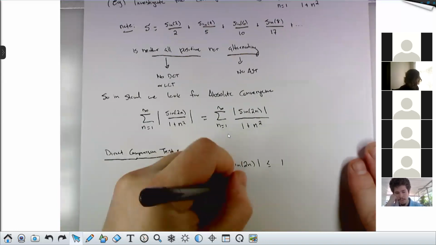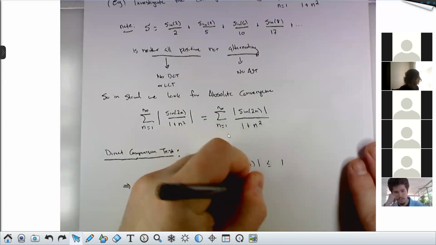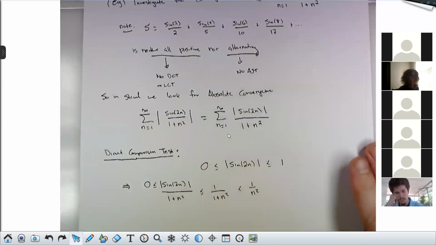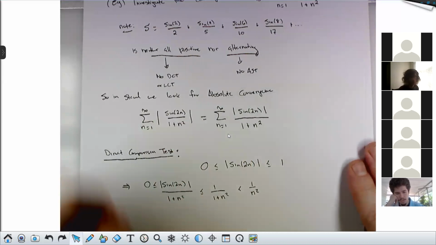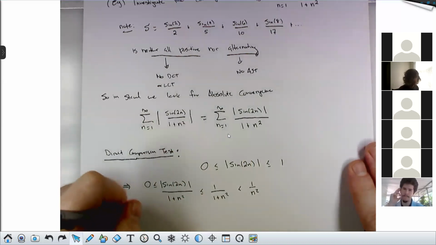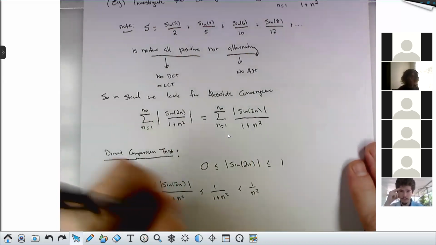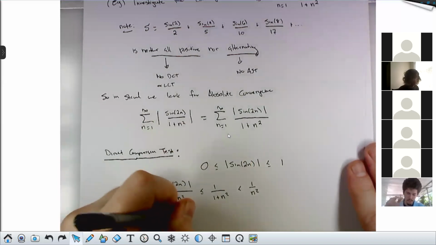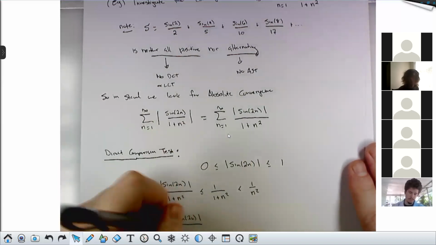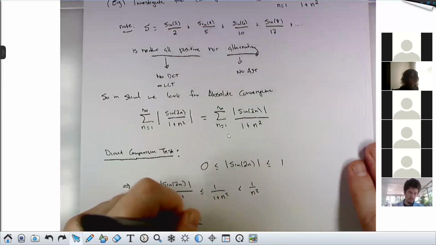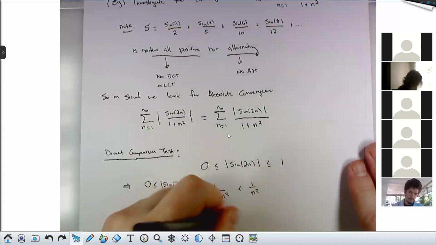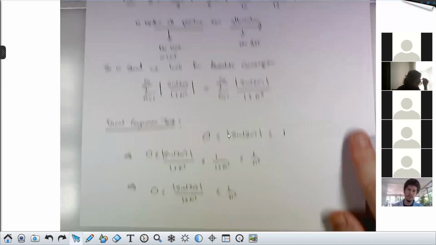And that's less than 1 over n squared, because the plus 1 makes the denominator bigger. So the final inequality that I use here is 0 is less than or equal to the absolute value of sine of 2n over 1 plus n squared, which is less than or equal to 1 over n squared.